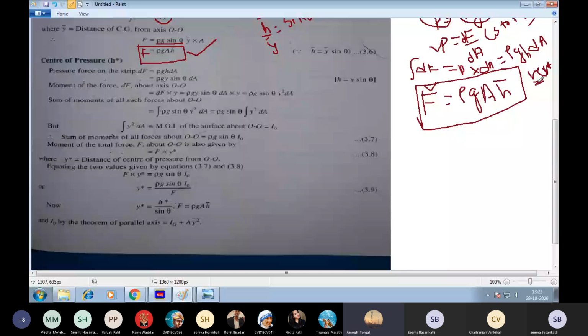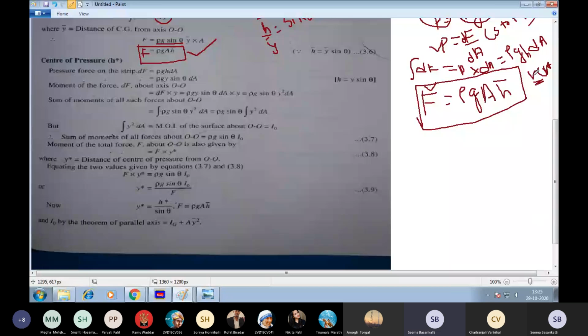Rho g h, ma'am. Check it once. What was the equation for F for a vertical surface immersed in a liquid? Be quick.